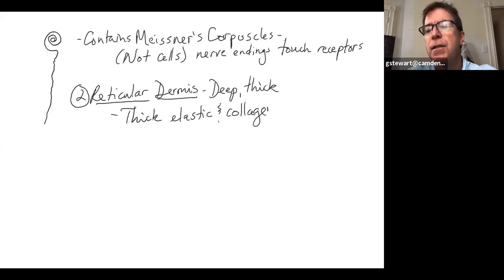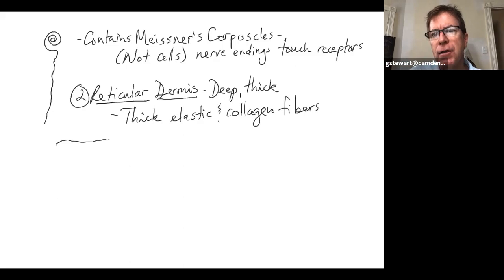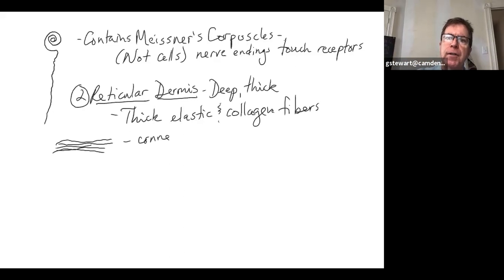So it tends to be more strong as well as have even more recoil ability. And they're arranged what looks like haphazardly when we look at them under the microscope, but they do have some organization to them. In general, the collagen fibers tend to run parallel to the surface of the skin like this. It's not a perfect system, but in general, they do. This stuff connects, binds. I'm just going to give you some functions.